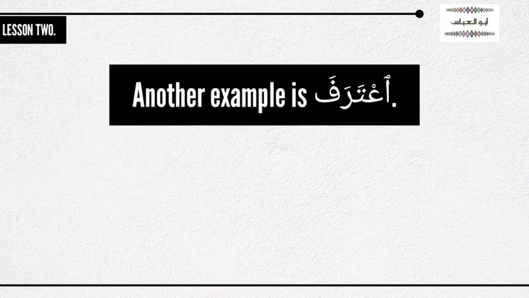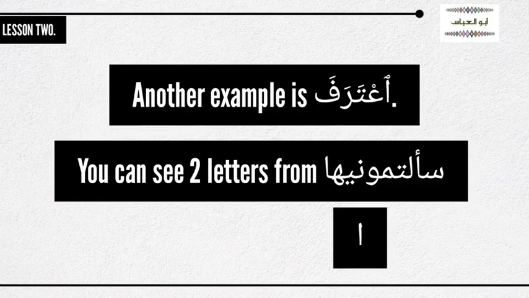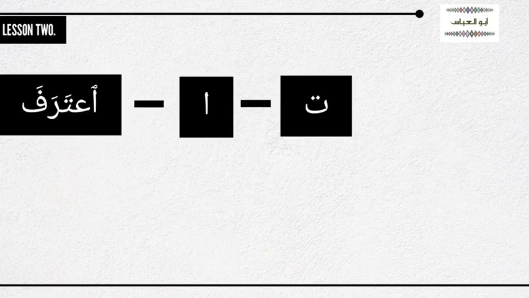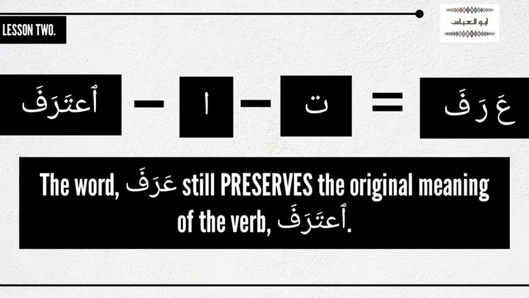Another example is i'tarafa. If you look at it, I can see 2 letters that are from the letters of sa'altumuniha. Firstly, I can see, let's just call it alif. It's not alif, but let's just call it alif. Secondly, I can see ta. So if I take out that alif and I take out ta, I have a, ra, fa left. A, ra, fa still preserves the original meaning of the verb.